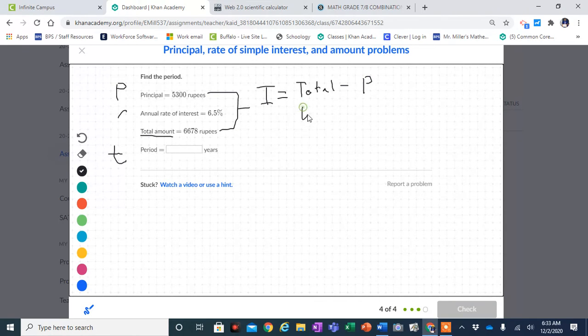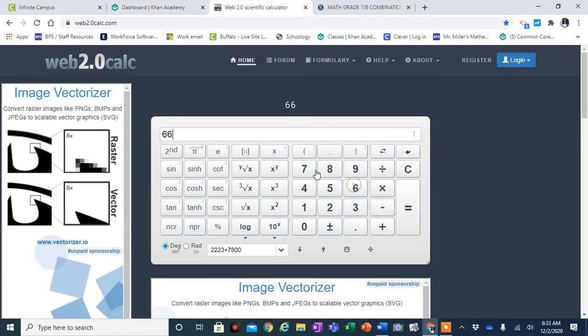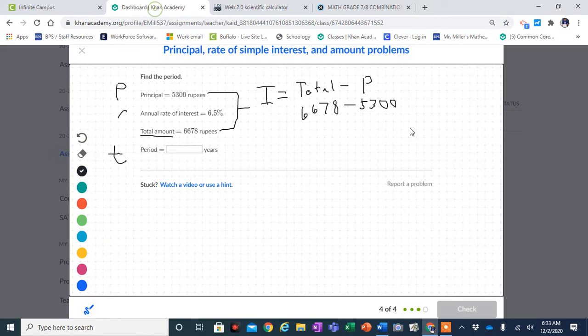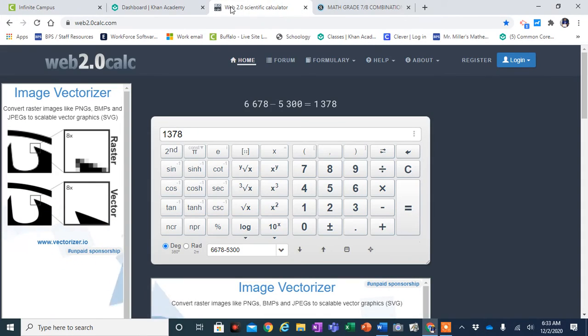So in this case, we need to do 6,678 minus 5,300, which is $1,378. So that's how much our interest is.